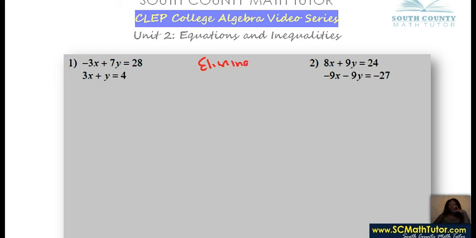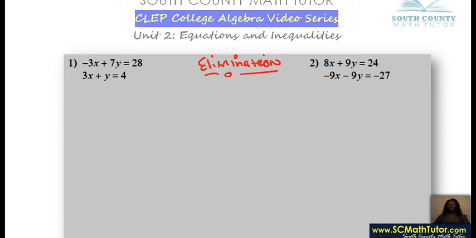Elimination, just like the word eliminate means, is that you want to eliminate one variable. When you have two variables, you need two equations to be able to figure out the value of each variable. So with elimination, what you want to do is try to cross out one variable.